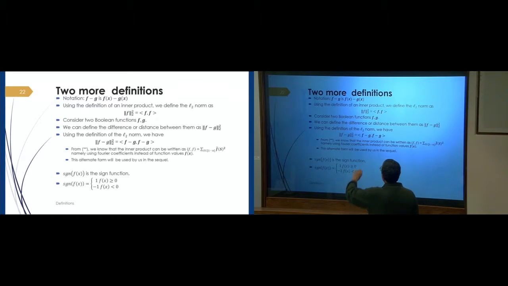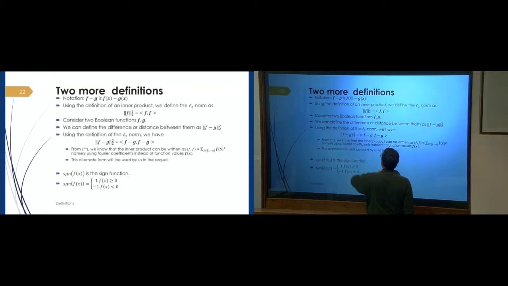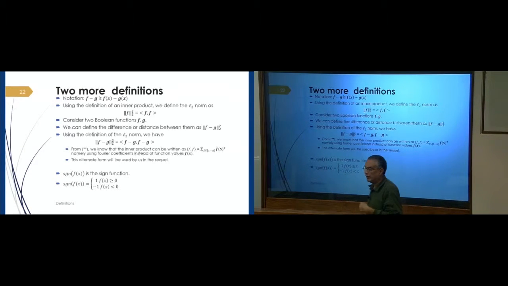So we'll just write symbolically f minus g and not be bothered with writing the parentheses and the symbol x. Okay? So now, using the inner product that we just revisited, the L2 norm, written using this syntax, is simply the inner product of f with itself. That's the L2 norm of function f.